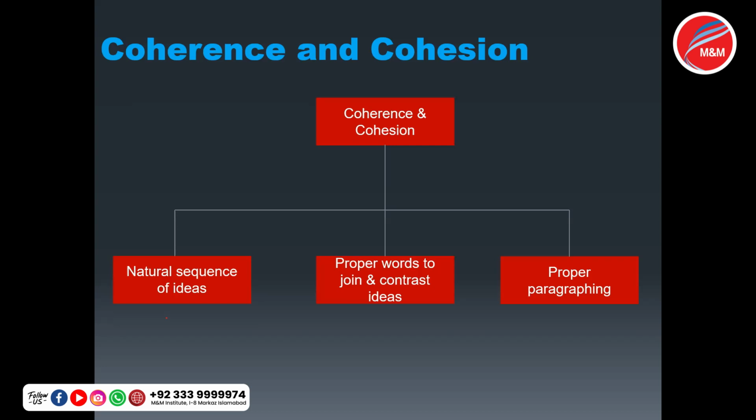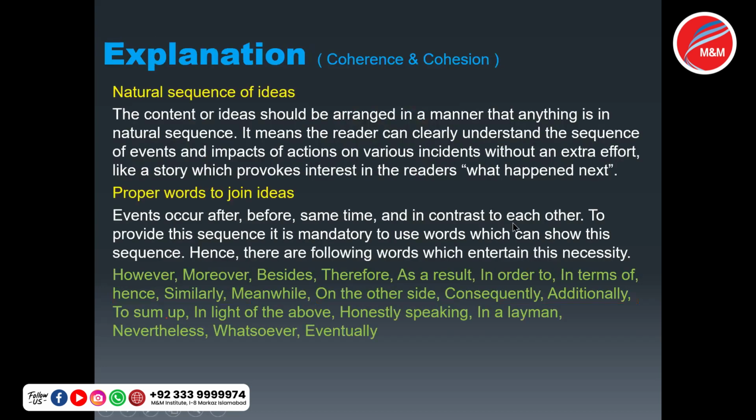So basically, these are some of the things that can be taken in this regard. These are some of the things that you should keep in your mind. So this is the explanation for coherence and cohesion. In simple words, it's the sequence of the ideas, the way you have narrated ideas in your essay.